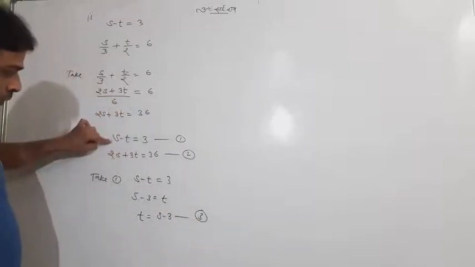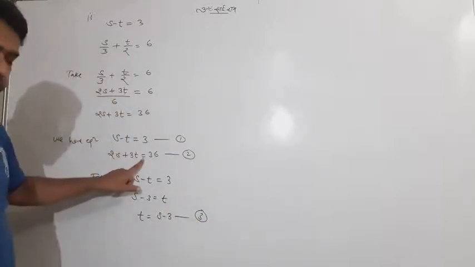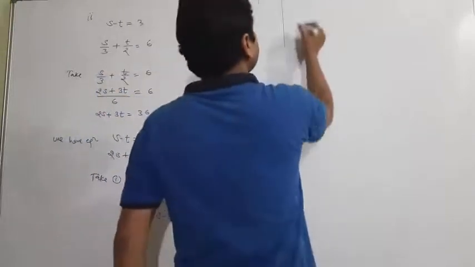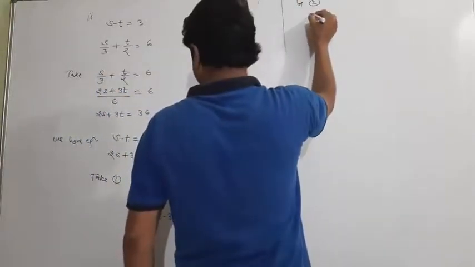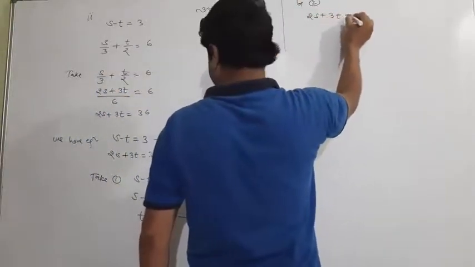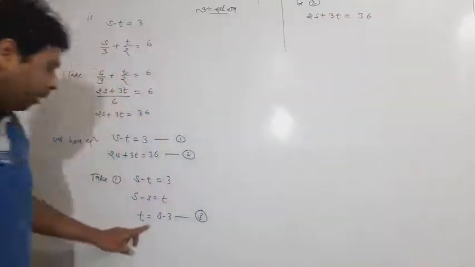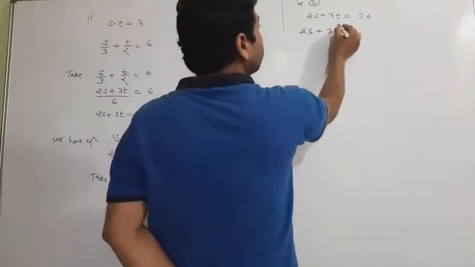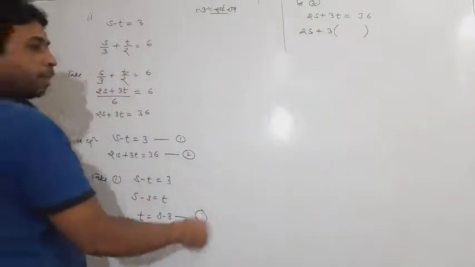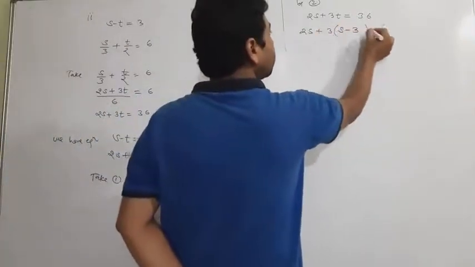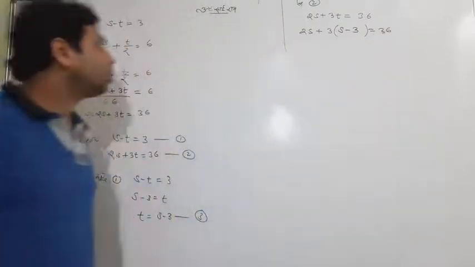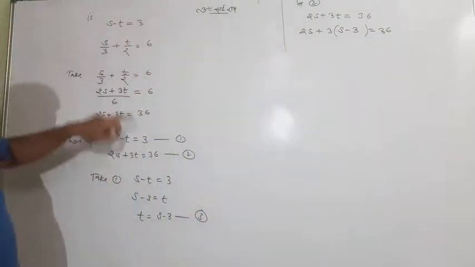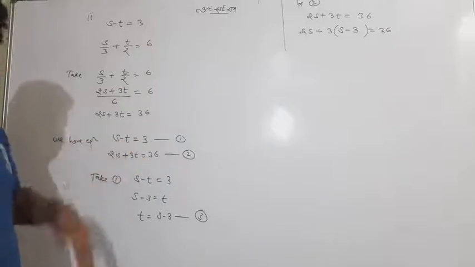Now I took this equation and got t in the form of s. Now I'll take the help of equation 2. We had 2s plus 3t is equal to 36, and we put the value of t in that. So put here the value of t. What is t? s minus 3. It is the substitution method, meaning you got the value of t from the first equation and put that same value in the second.